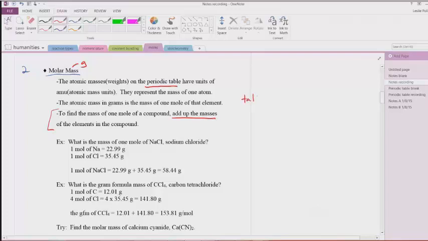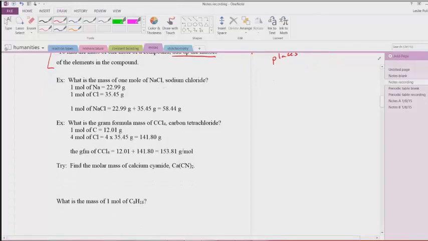Now, I want you to take masses off the periodic table to 2 decimal places. So always round to 2 decimal places.